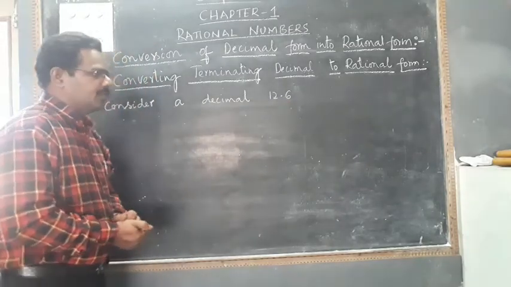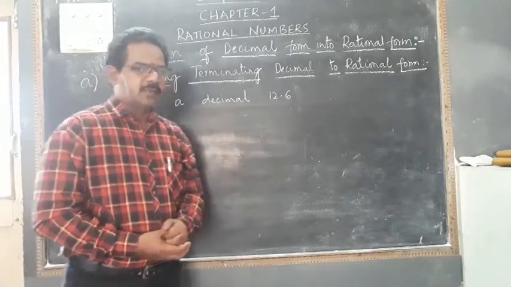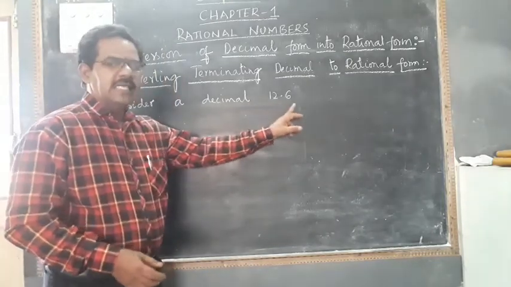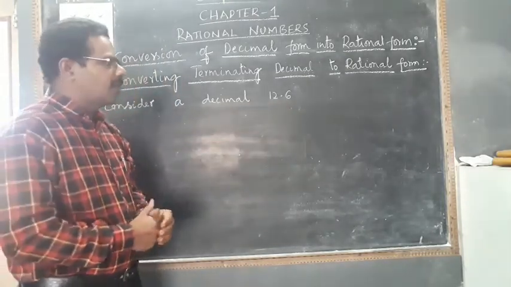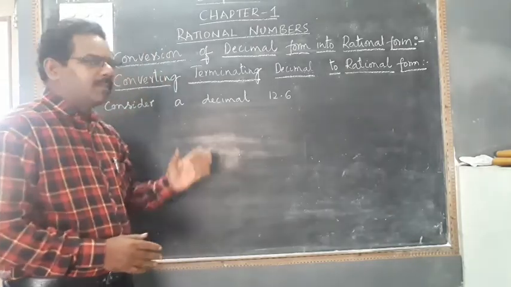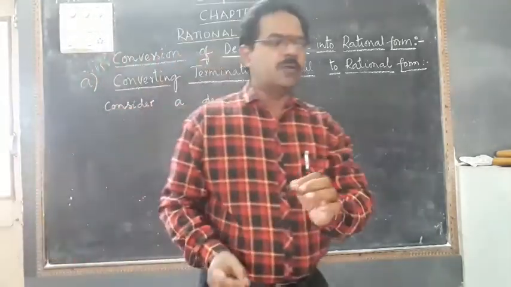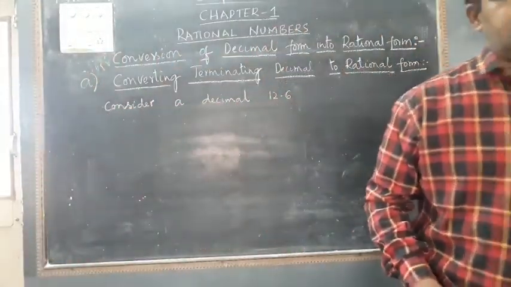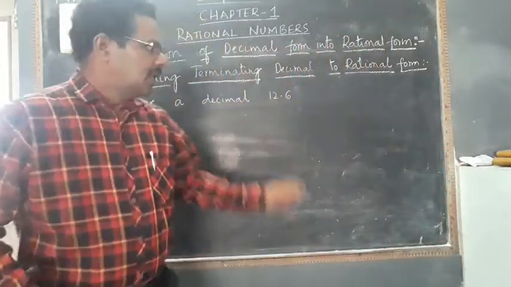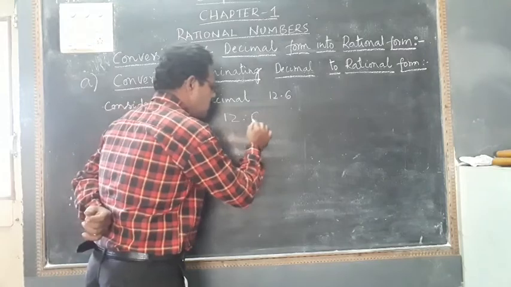So what to do? The first thing, take this 12.6 as an example. 12.6 is a decimal number, and this decimal number should be converted into a rational number. Okay, how to do that we shall see now. After the decimal we have only one digit.